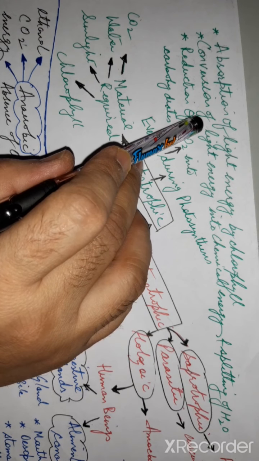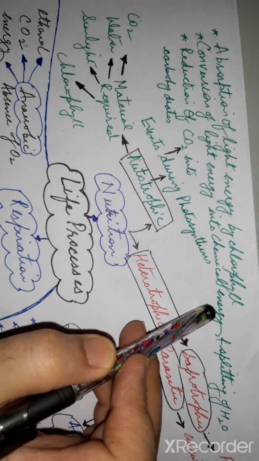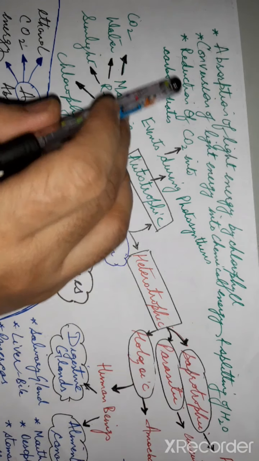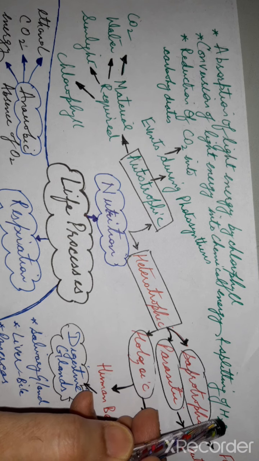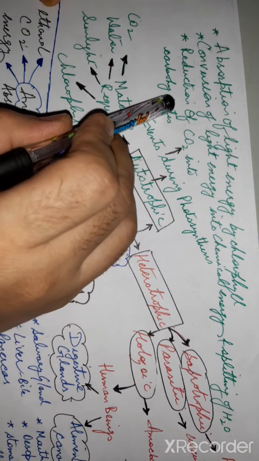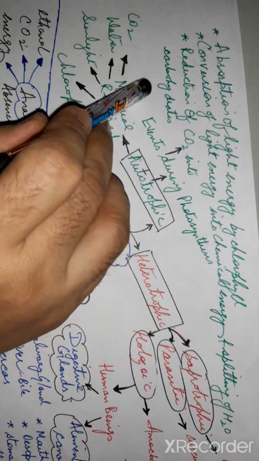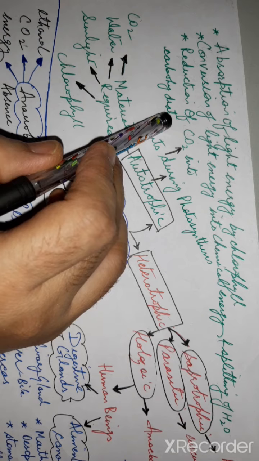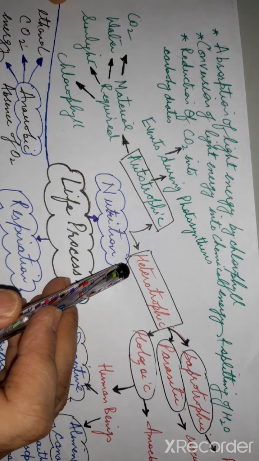Then the second step is light energy is converted into chemical energy, as well as there is splitting of water molecule into hydrogen and oxygen. Third is reduction of carbon dioxide into carbohydrates. So these are the 3 events which occur during photosynthesis.